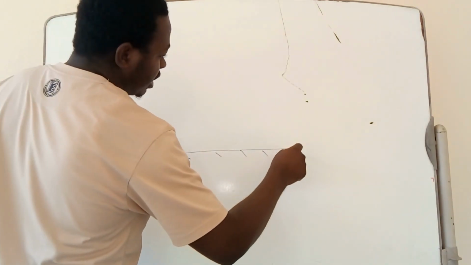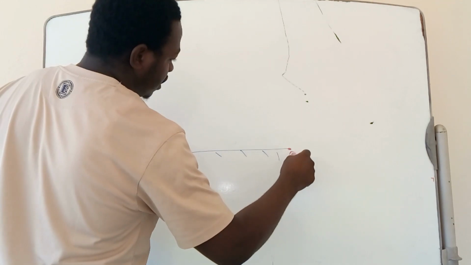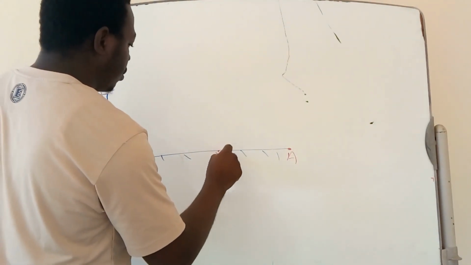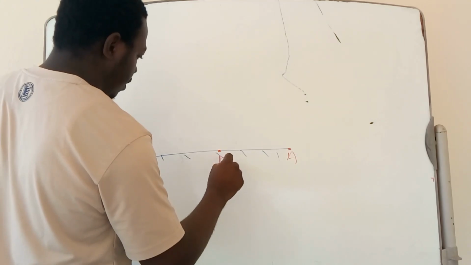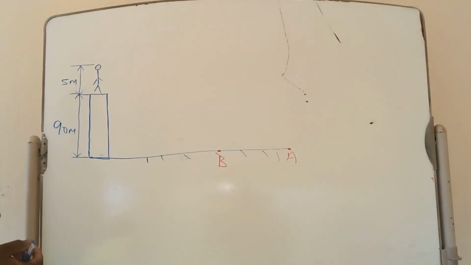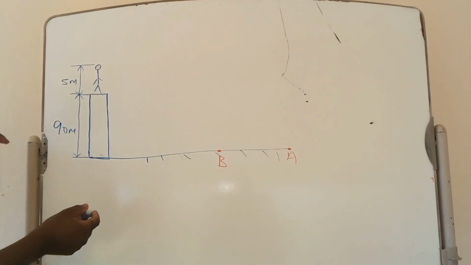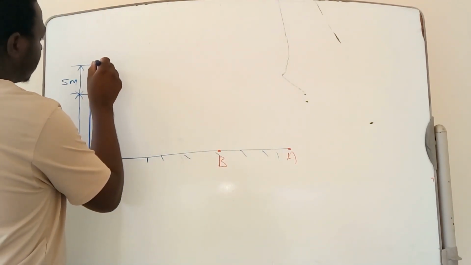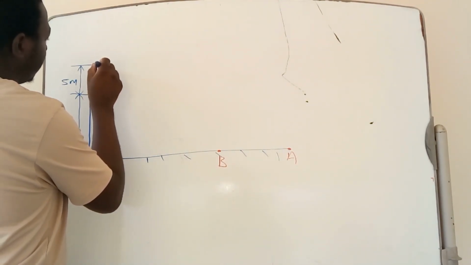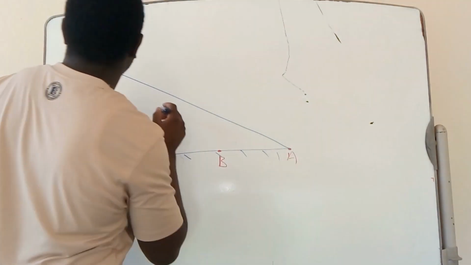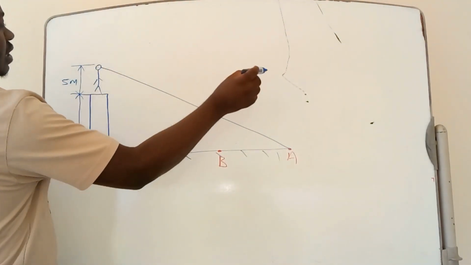One parked at point A, which is here, and you saw another car parked at point B, which is here, right? But your angle of depression to point A is 19 degrees. The angle of depression to point A, that means you need a horizontal line of sight.